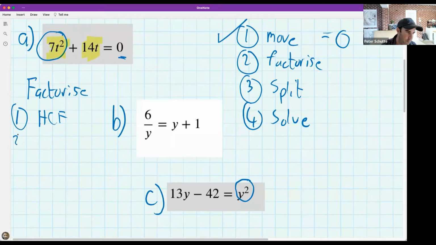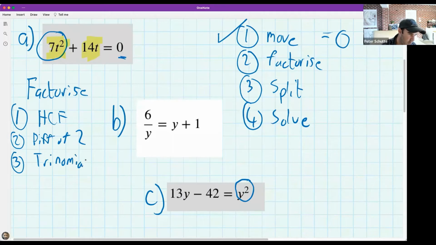Then later on, we check for things called difference of two squares. And then the third thing we eventually check for is something called a trinomial factorization. So if you want, I would start by just making sure you know the different techniques of factorization that you can apply.